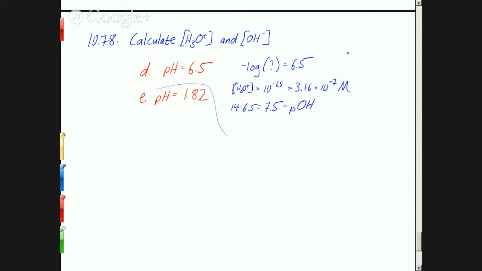That's our pOH, like pH. So that means that the actual hydroxide ion concentration must be 10 to the minus 7.5, or how does that calculate out? 3.16 times 10 to the negative 8. Oh yeah, right.